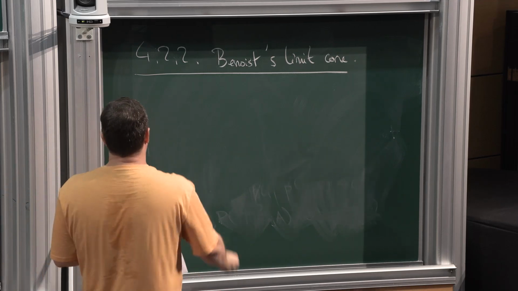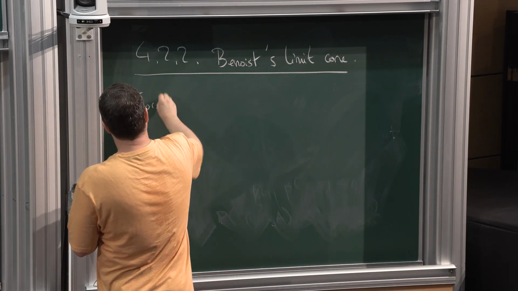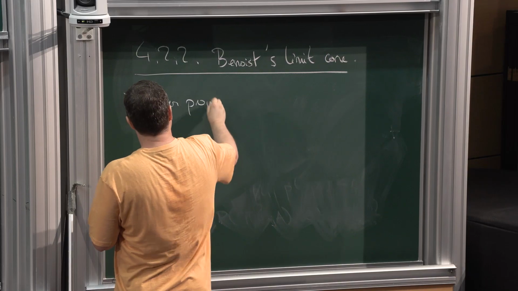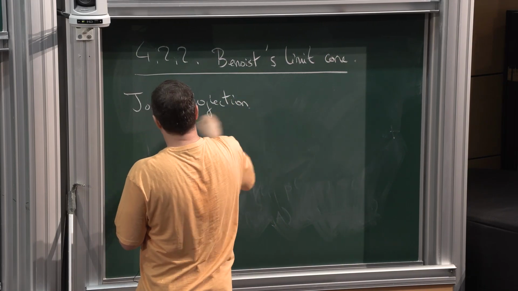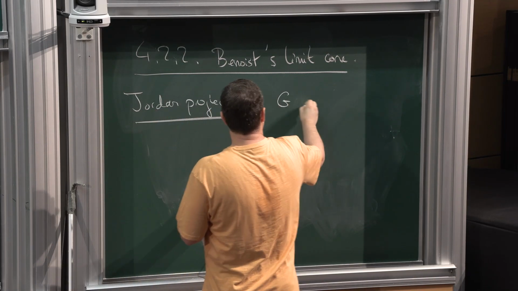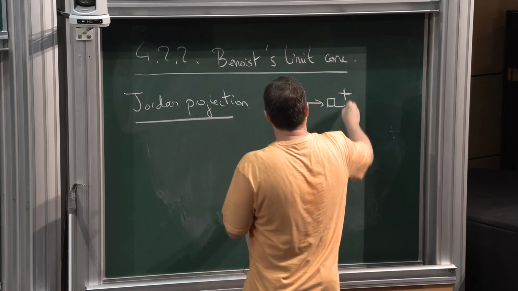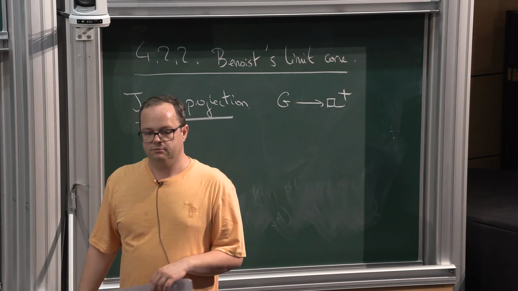This is defined by Jordan projections, which we'll see as a map from the group G to A plus.